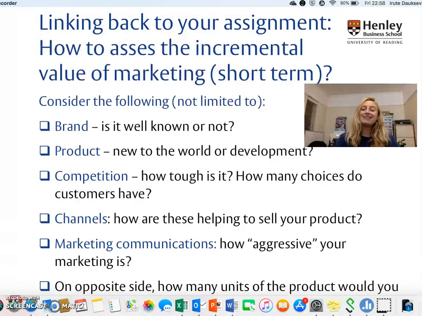I like white Lindt, I like Green and Black's, and somehow I found this new Chocologic brand, or so it's called. Never seen them anywhere, never known about the brand, but I just saw it on the shelf. So then I compared the ingredients and I thought, oh, actually, I'll go for this. I decided to go for this, and actually, I'm quite happy with my choice. So in a way, the company didn't need to do marketing to reach me because it was available on the shelf and I was able to see it.